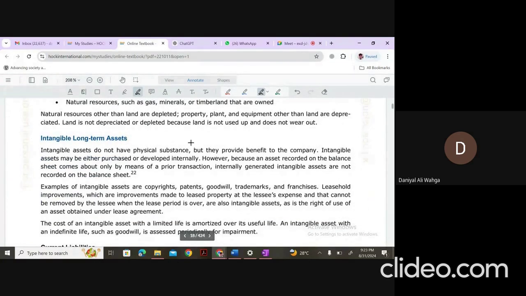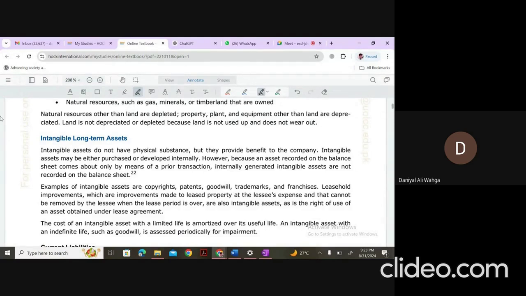Intangible non-current assets: for these assets, IAS 38 is normally used to recognize them. Intangible assets include your development costs, your patents, your franchise rights, and your licenses.